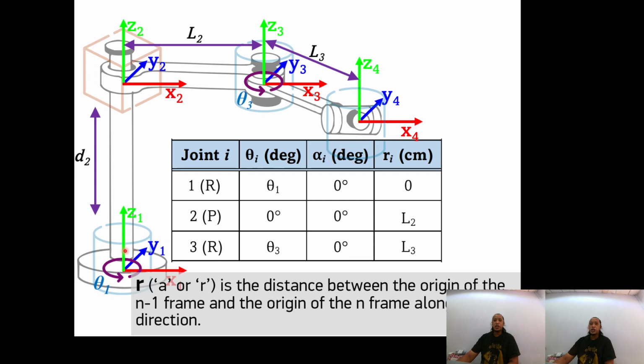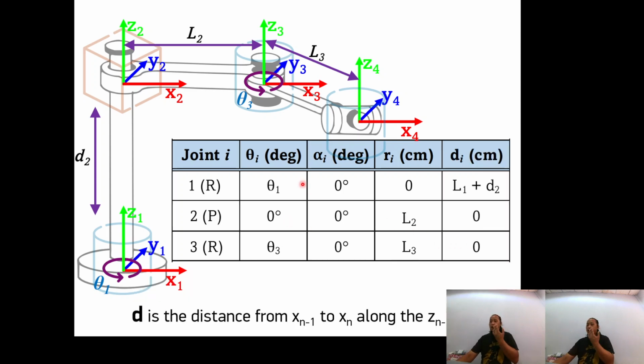There is no change in the x direction, so the value of r1 is 0. But compared to this one, the length between the origin of this one and this one is going to be L2. So we put L2 in here, and from this one to this one, the distance is going to be L3.